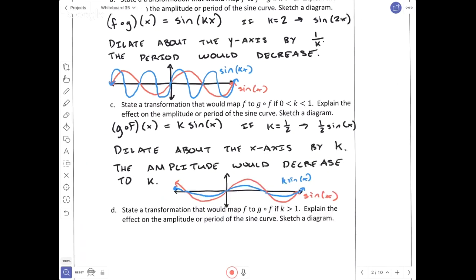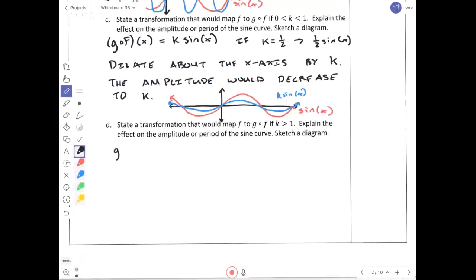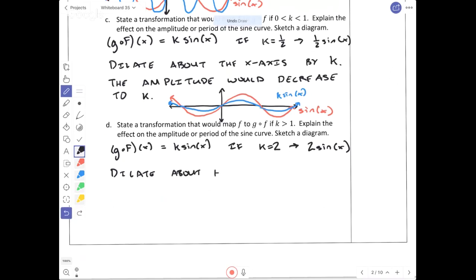And lastly, the amplitude will increase. So g composed with f of x would equal k sine of x still. If k equals 2, that might be 2 sine of x. And we would dilate about the x-axis by k.